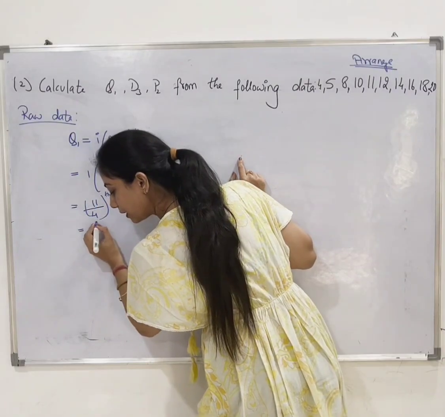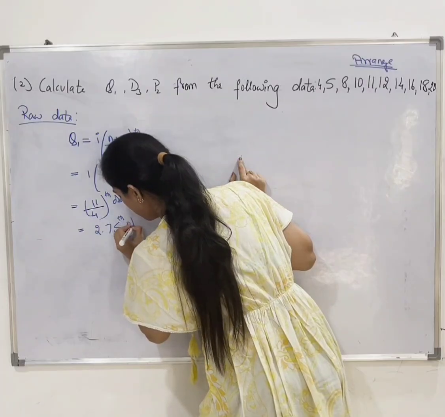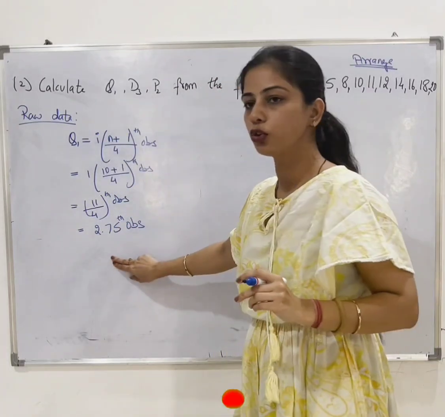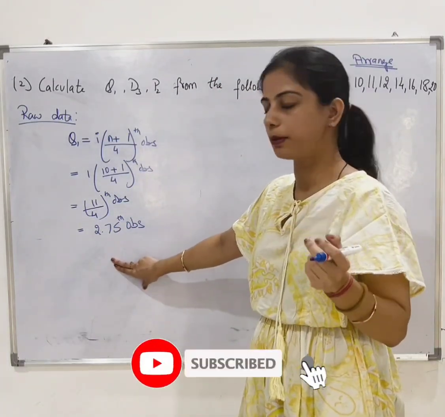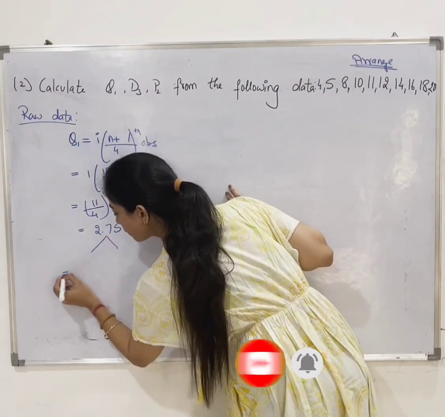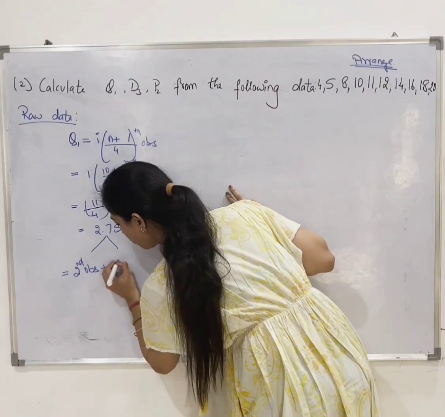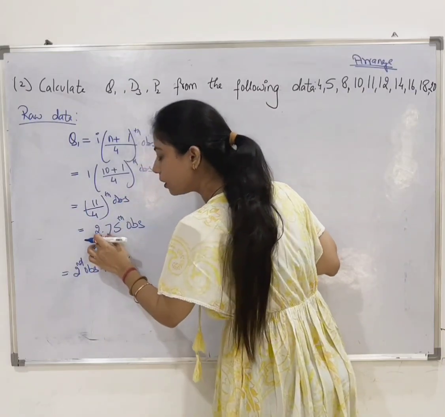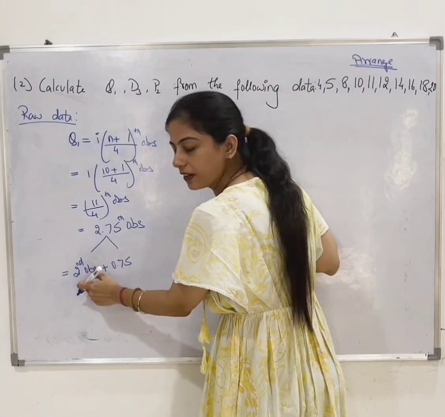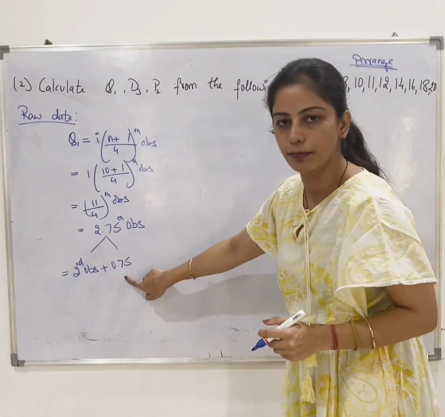And the value of that is the 2.75th observation. Now what are we going to do here? Since we are getting decimal points after the 2, we are going to break them down. So second observation plus 0.75. The 2 written in the first place is considered the second observation, and after the decimal we consider the same 0.75.